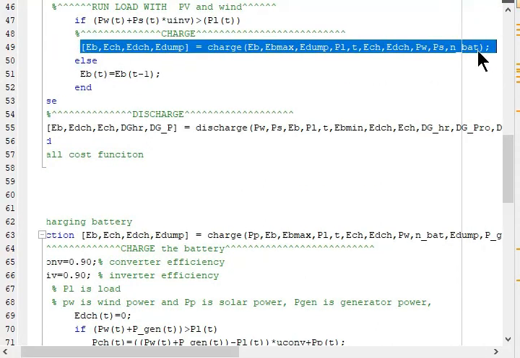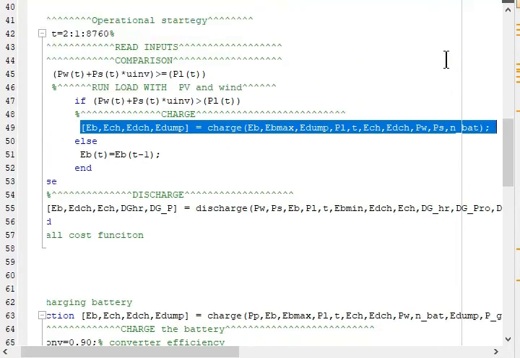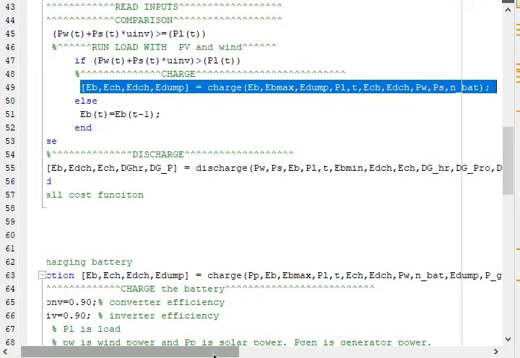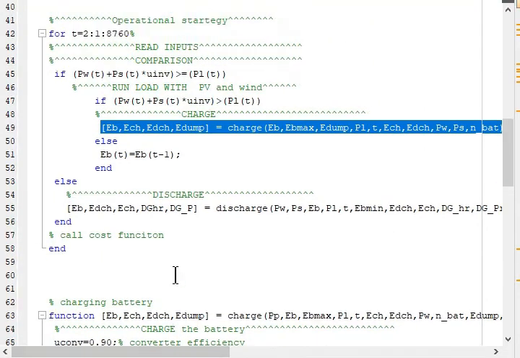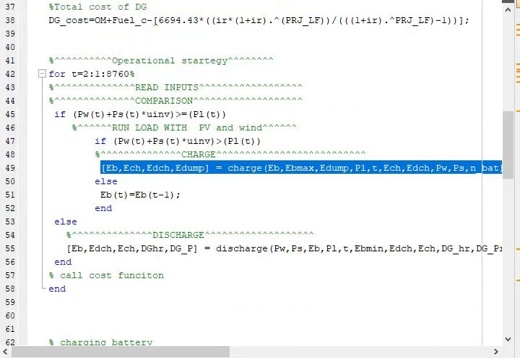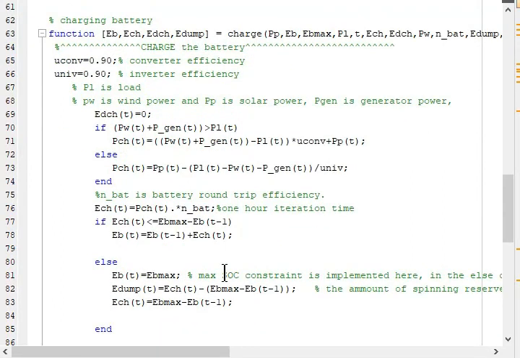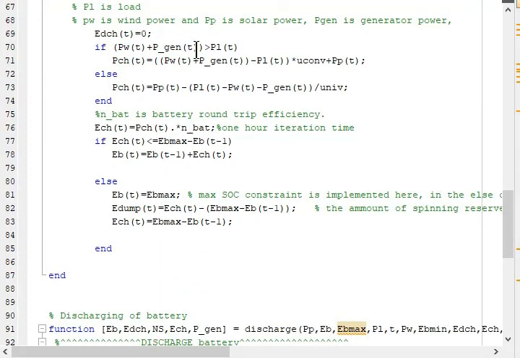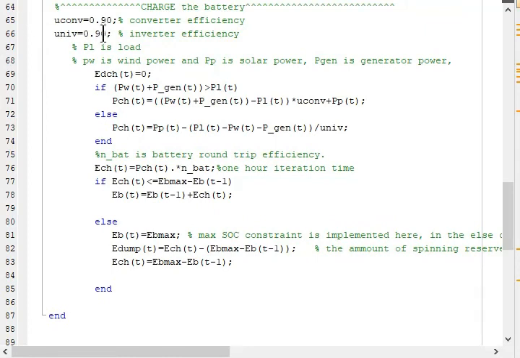In the charging, you have extra power that you may sell to the grid depending on your requirement. So the charging is here. In the charging you have 90% inverter and converter efficiency.